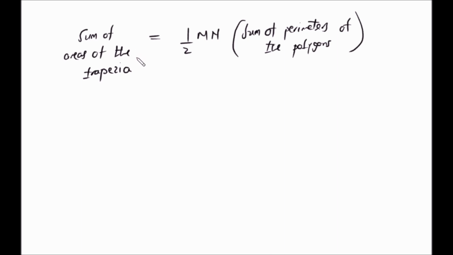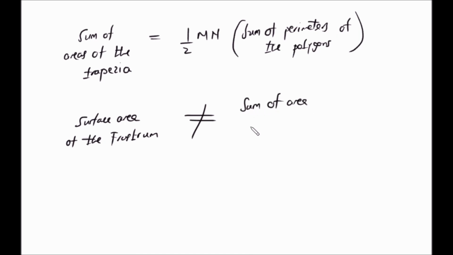You see now, what we are looking for is the surface area of the frustrum, right? Now the surface area of the frustrum is not exactly equal to the sum of areas of the trapezia. Why?